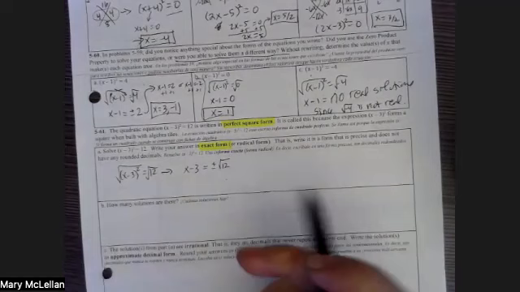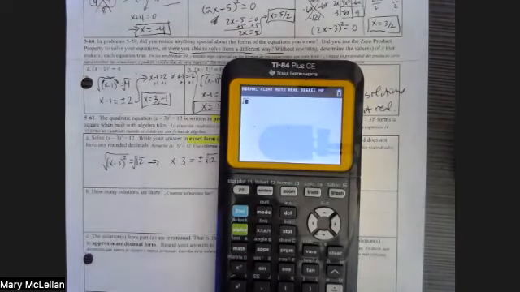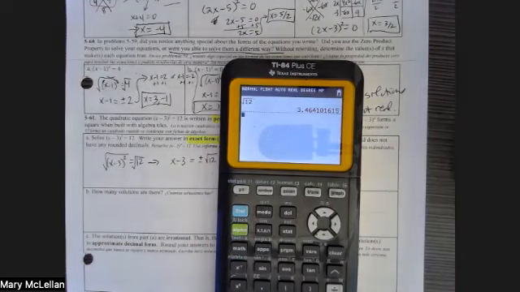But what I'm really looking at is the square root of 12 in my calculator. I get this number, and it's a number with a decimal that will never end.